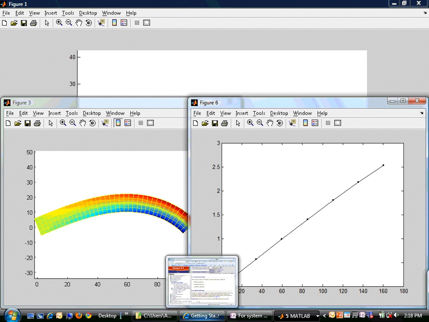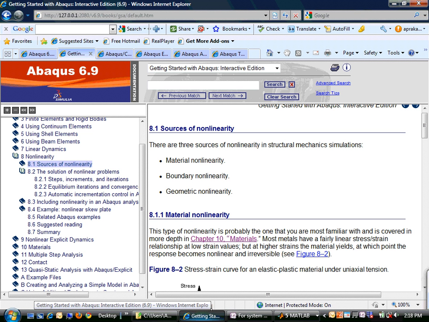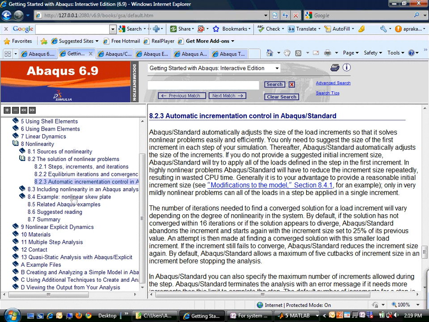All right, so just to briefly mention some of these things from Abaqus. You've seen the sources of nonlinearity, and if you are using a nonlinear problem for your project, you should maybe take a look at this.